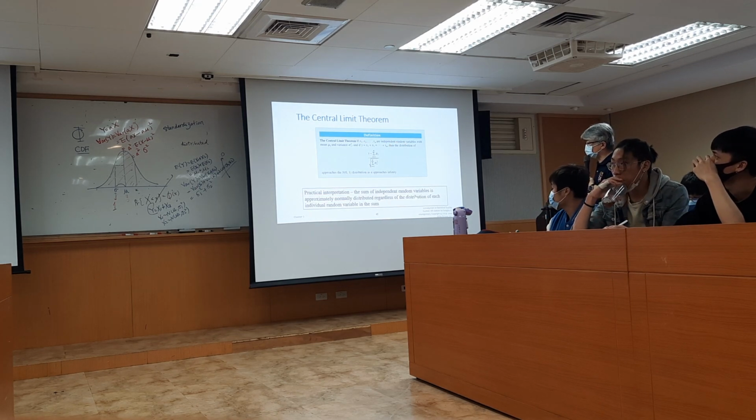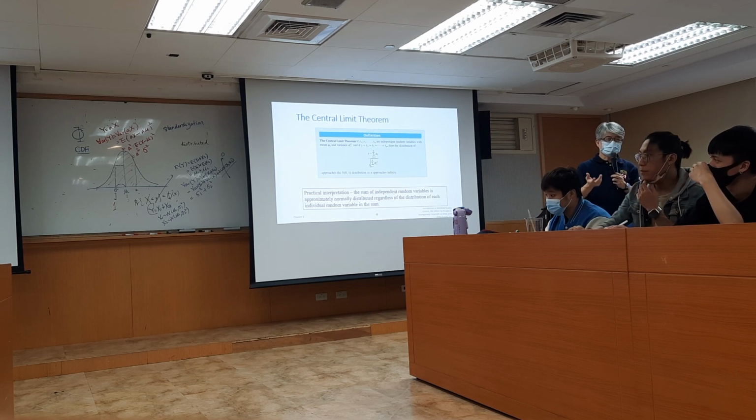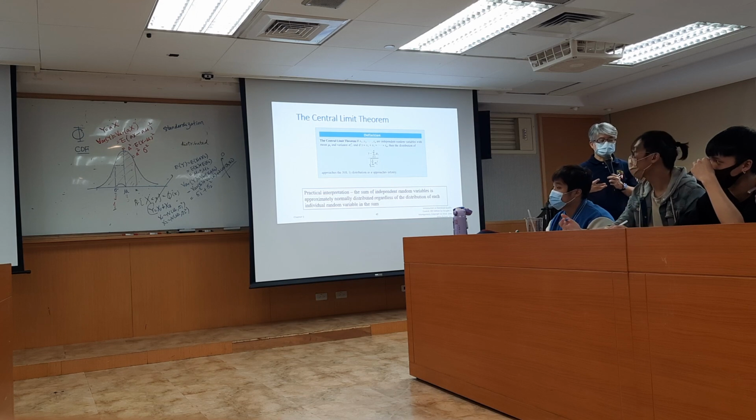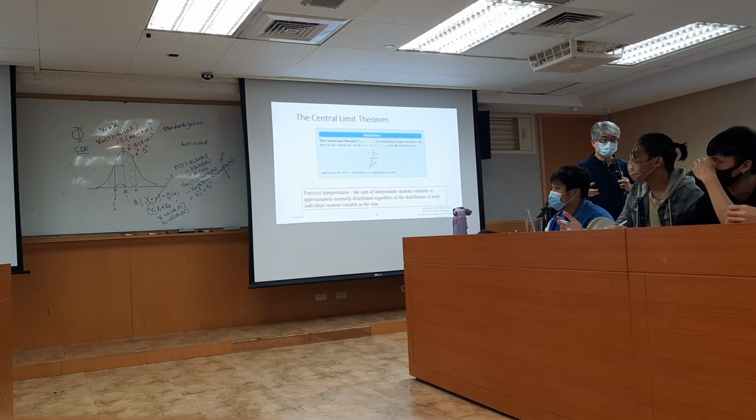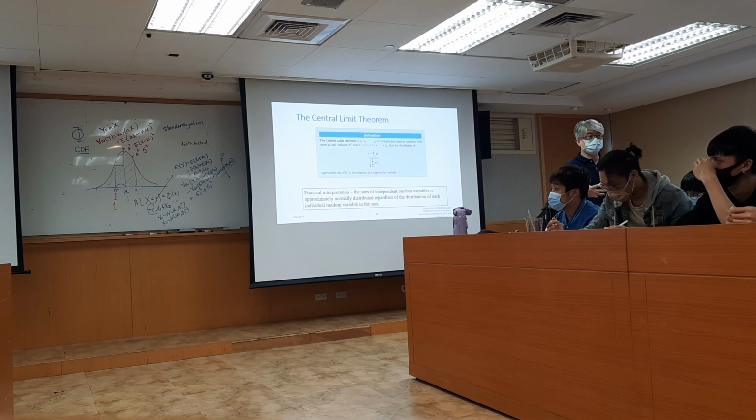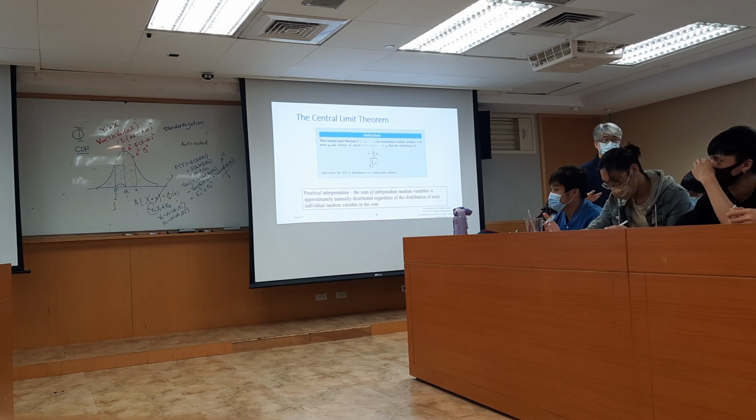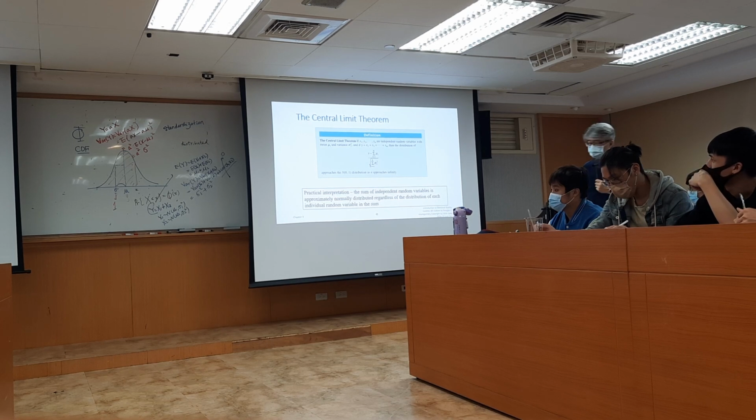It could be the Pascal, it could be the binomial, it could be anything, as long as n is really large, like getting up to 1 million, 2 million. Then we can approximate it by a standard normal distribution.